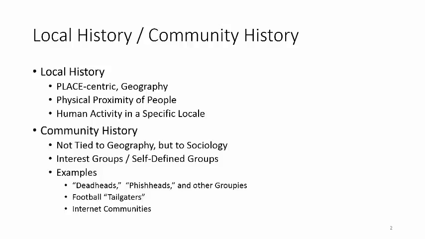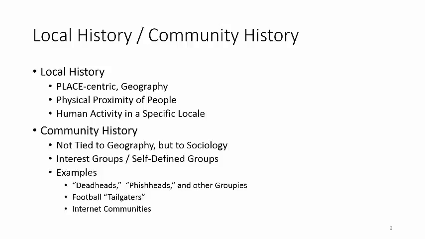And consequently, we'd like to get some kind of definition or at least a list of characteristics for each of these slightly different types of history of small groups. Local history is place-centric. That is, it relies on the physical proximity of people to make itself work.